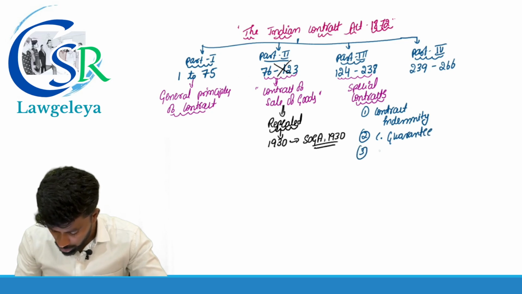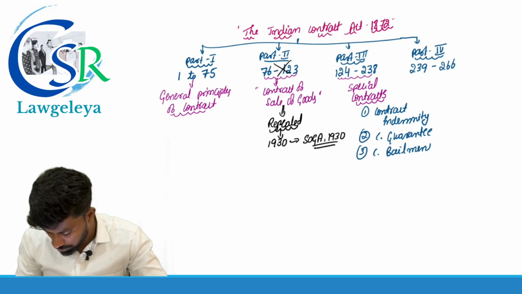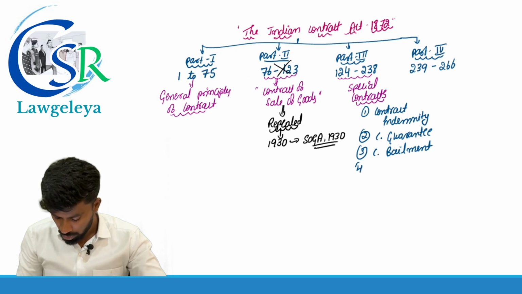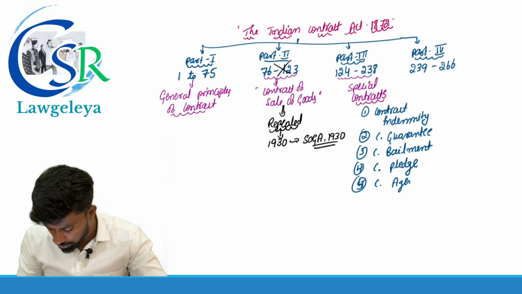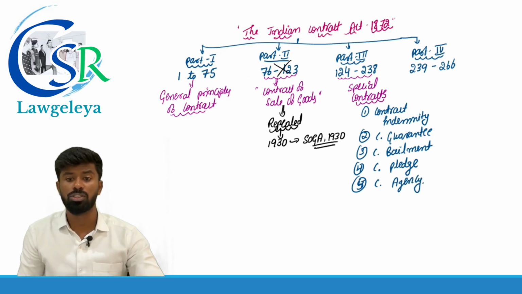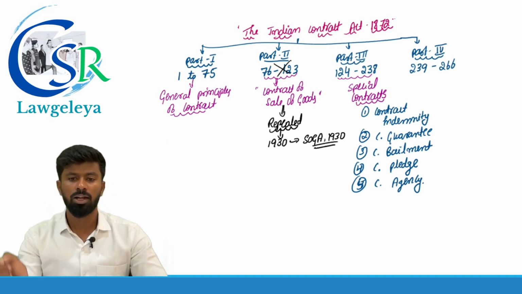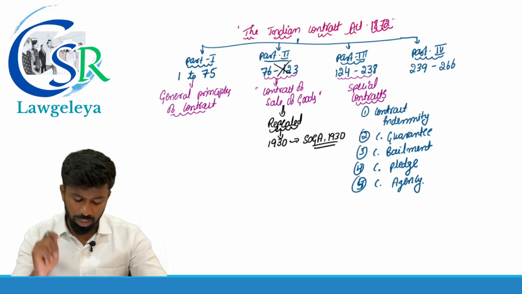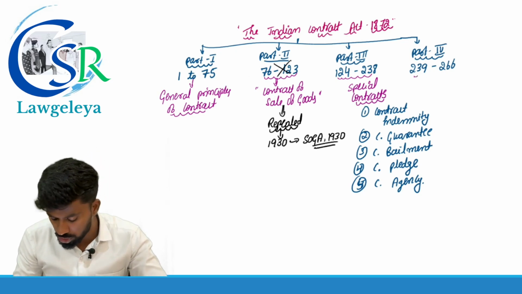Third, contract of bailment. Fourth, contract of pledge. And the fifth, contract of agency. These are the five types of special contracts covered under section number 124 to 238.